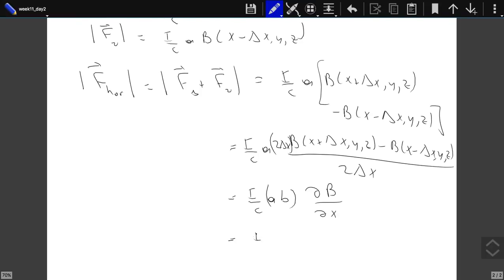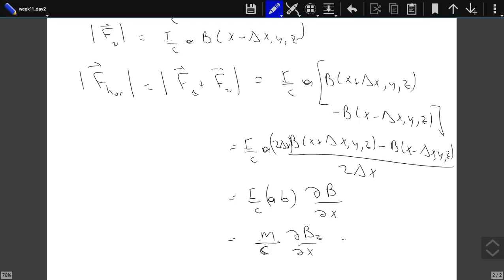And so basically, you see that this is I over C times, now I times AB is what we call the M, the magnitude of the dipole moment, times del B by del x. Of course, keep in mind that this B is actually B z.